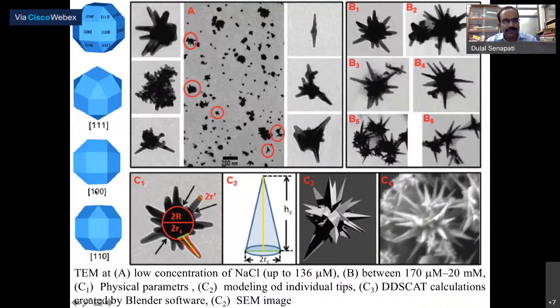And depending on the facet energy, as I explained, the highest facet energy is 110. So the 110 facet will be blocked by silver chloride, and the other facets like 111 and 100 will try to grow and give the sharp-tip nanostar. That's the way we found different nanoparticles.